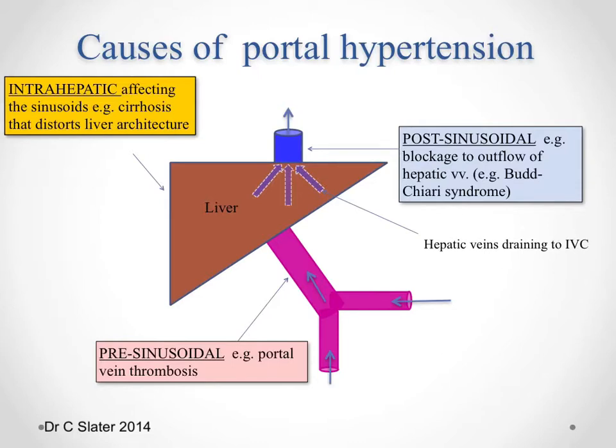Budd-Chiari syndrome may arise as a consequence of thrombosis within the hepatic veins, or there may be some compression by an outside structure, such as a tumor.